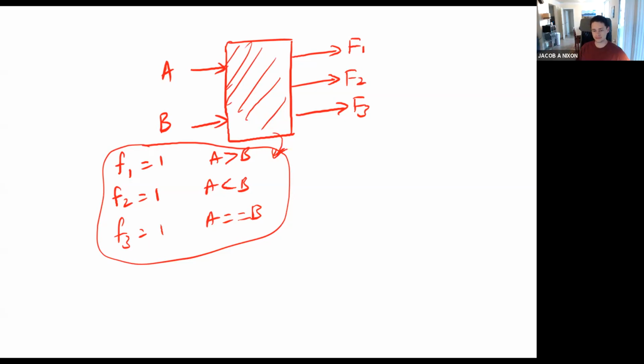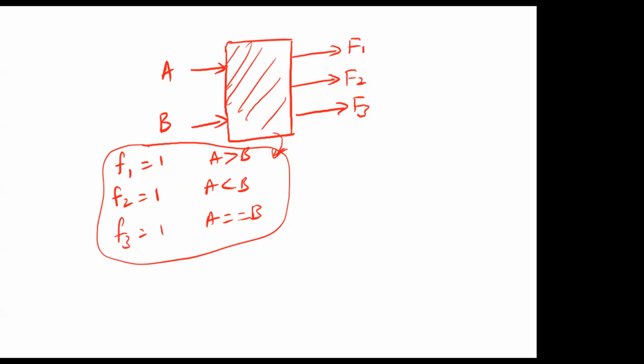All right. So can you guys think of any way in which we can write this in Verilog? I mean, behavioral Verilog should be fine, but can you guys think of any way in which we can write this in terms of behavioral or any Verilog for that matter? Like this is my problem statement.